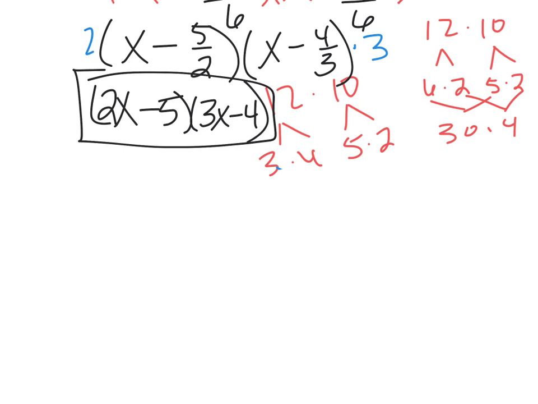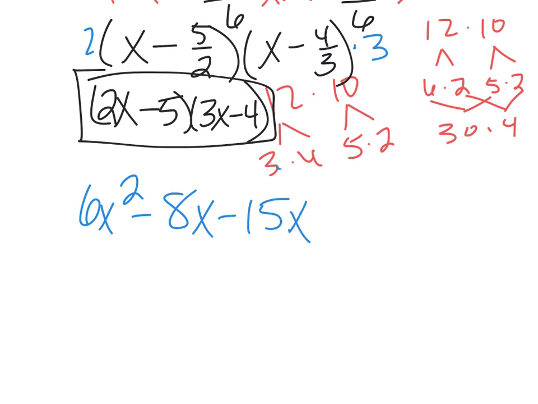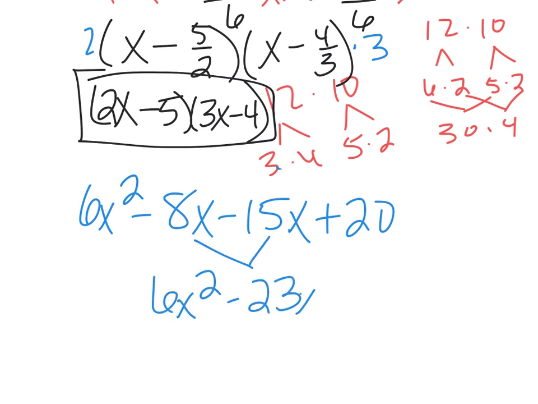So 2x times 3x is 6x squared. 2x times negative 4, negative 8x. Negative 5 times 3, negative 15x. Negative 5 times negative 4, plus 20. And those combine, and I get what I needed to, so I know that I am right.